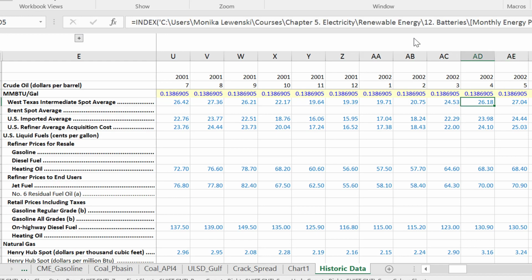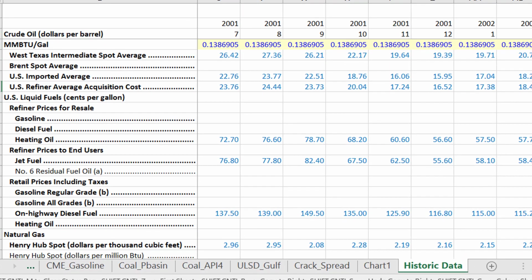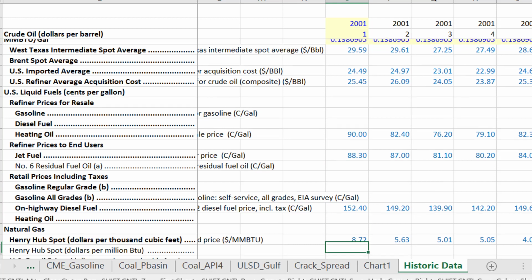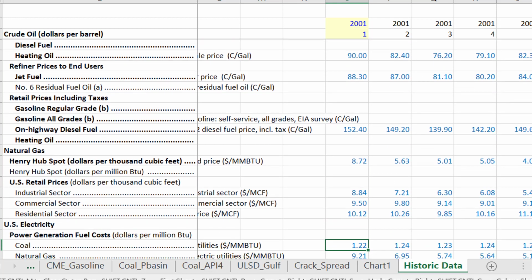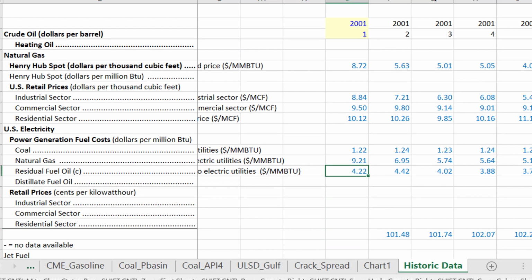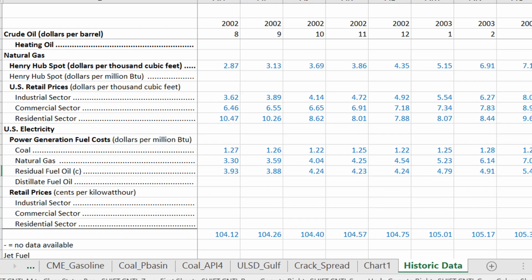So they give you the price of oil here, and then somewhere else they give you the price of jet fuel, which is in US cents per gallon. They give you some retail prices, and finally they give you the cost of distillate oil or the cost of diesel on a US dollars per MMBTU basis.